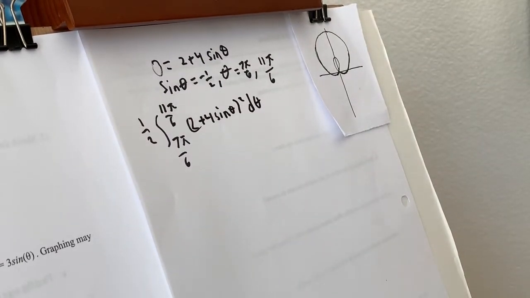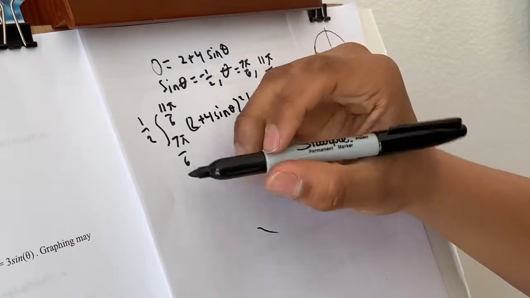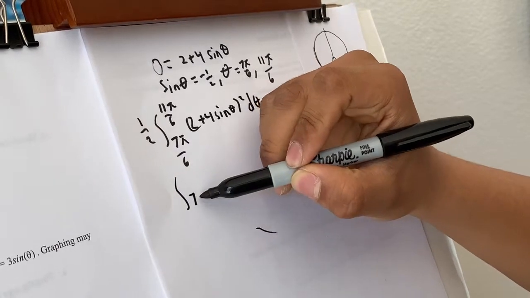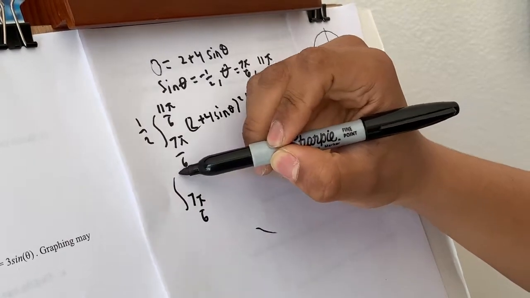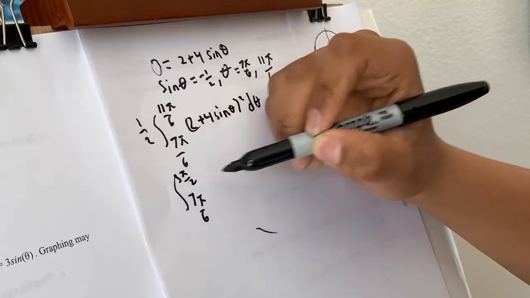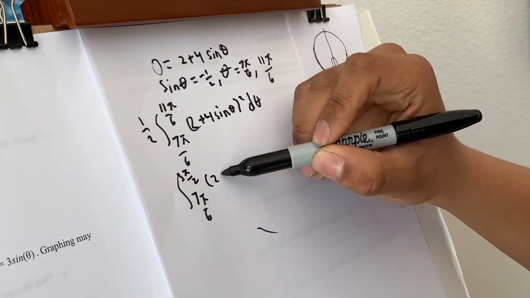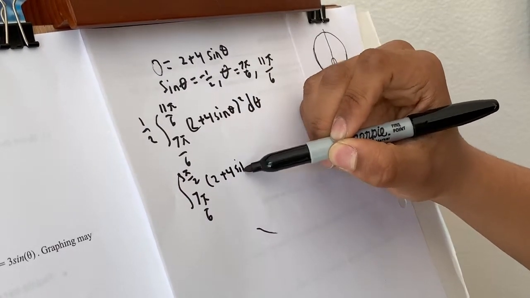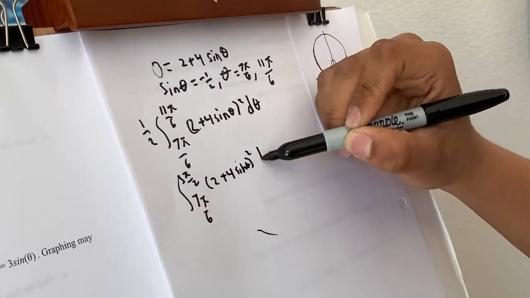Using symmetry, we can eliminate this 1/2 by changing the bounds from 7 pi over 6 to 3 pi over 2, r squared d theta.